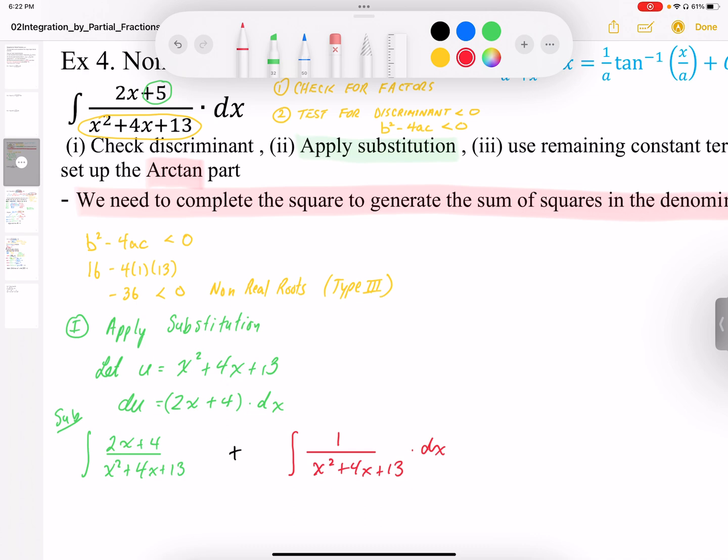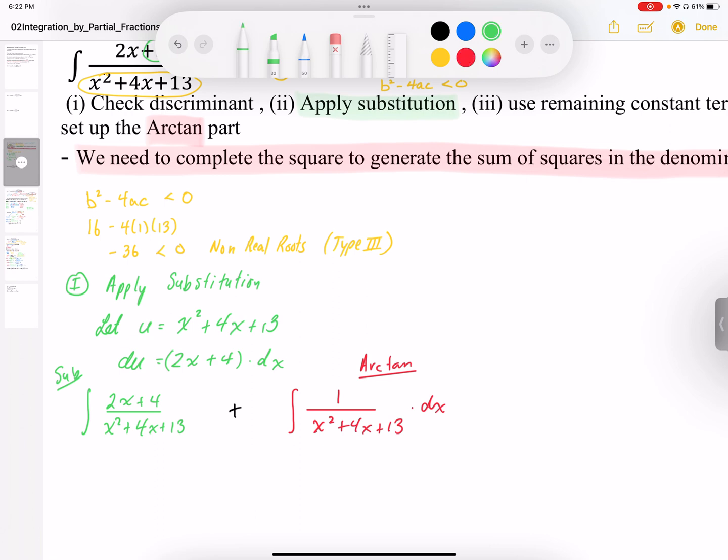When we add this together, we're going to end up with our plus 5. But now what we have is a situation where we can apply substitution to the green part, and for the red part, we can apply arctan because we can make this a sum of squares. Okay, so this is our arctan part here, and you may not quite see it yet, but I'll show you the next step.